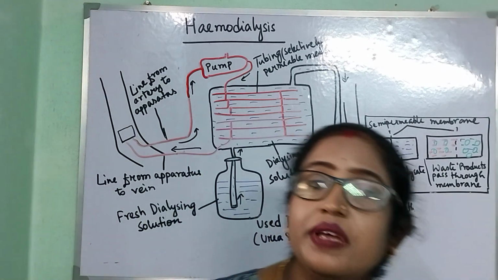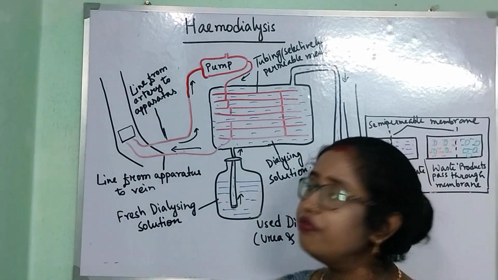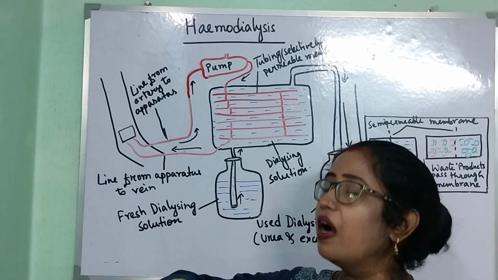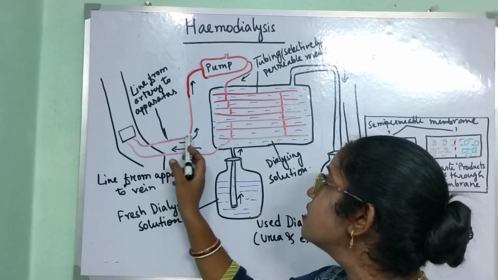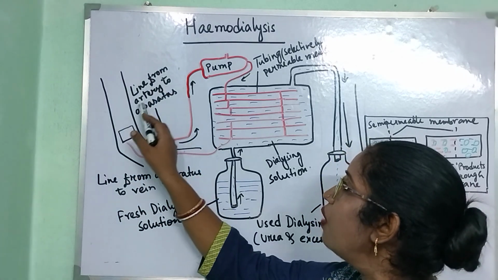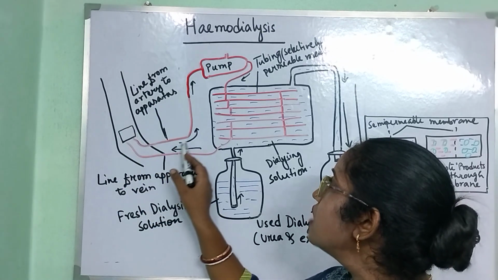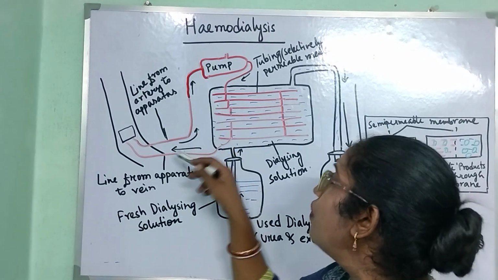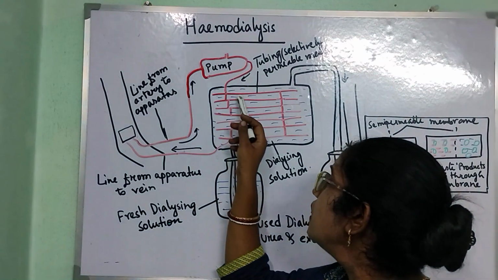So in patients whose both kidneys are infected, blood is taken out from the patient's body, especially from the hand portion, through a pipe from the artery to the apparatus.